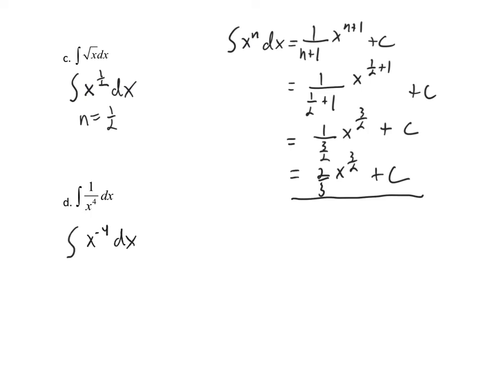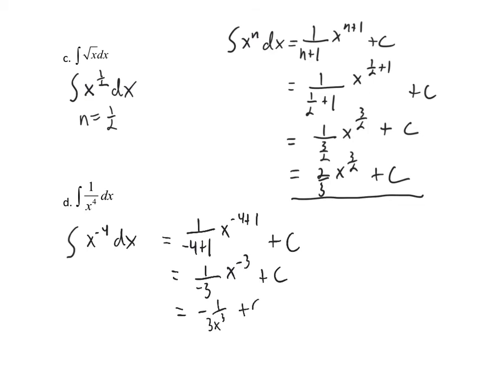Now we can use that same rule, and I would say that equals 1 over -4 plus 1, x to the -4 plus 1, plus c. That's 1 over -3, x to the -3, plus c. And we can simplify that. That's really -1 over 3x cubed plus c.